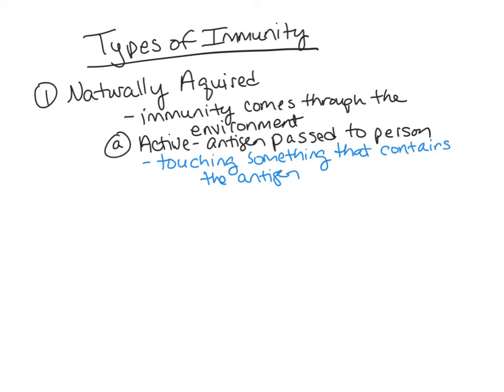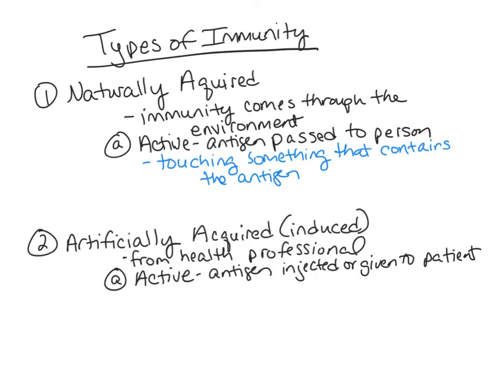Then we have artificially acquired active immunity. Artificially acquired means that a health professional is the one to give the antigens. So when does a health professional give antigens? That's right, vaccines.